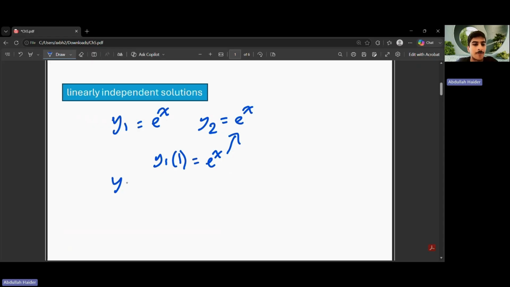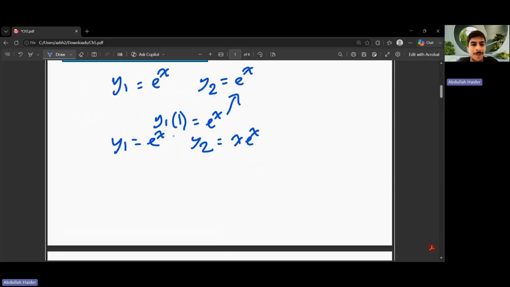So y1 equals e power x, and y2 equals x e power x. Now let's test this out. These are only linearly independent if y1 cannot be multiplied by a number to get the second one.